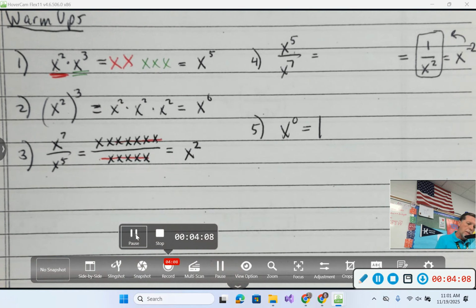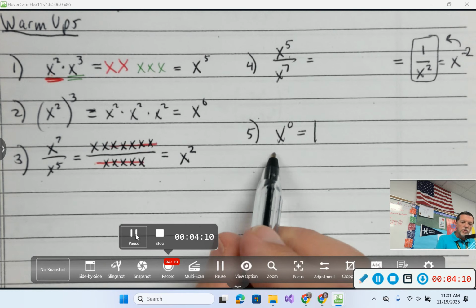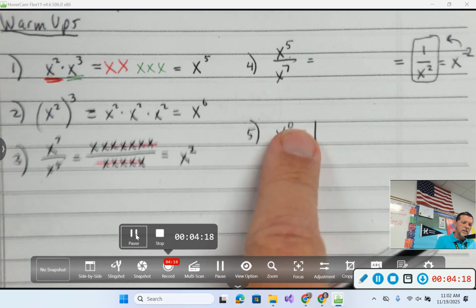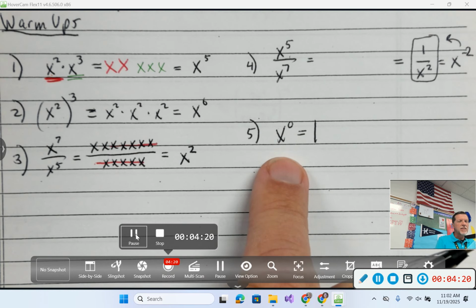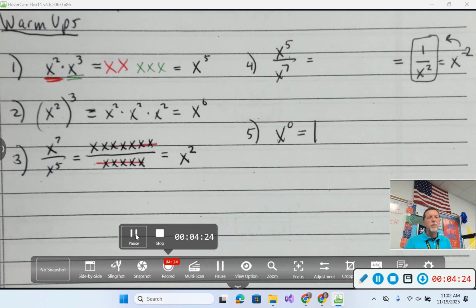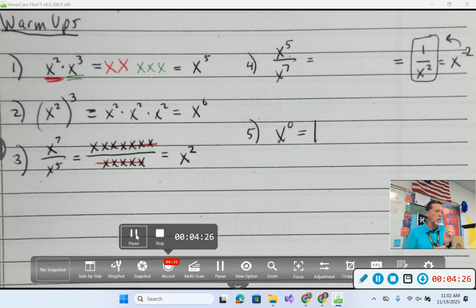How is that 1? That's almost just by definition. Anything to the 0 power is 1. So yeah, the others you can figure out. That one, why though? I don't know that there's a good explanation. I think that one's just defined to be 1. Anything to the 0 power is 1. Makes lots of other things work.